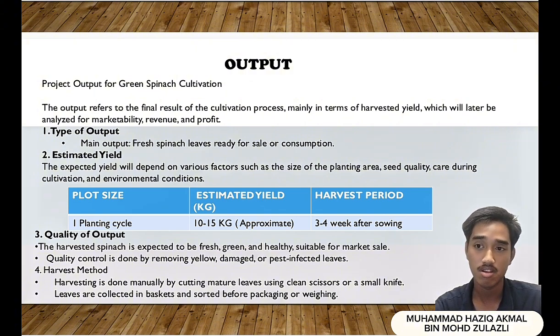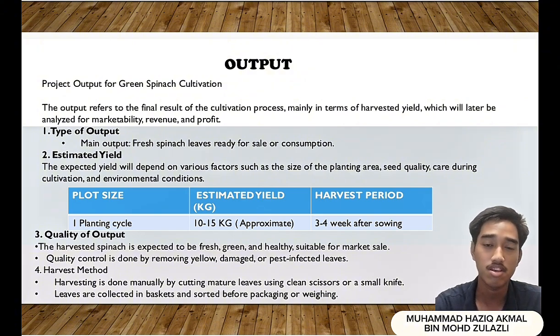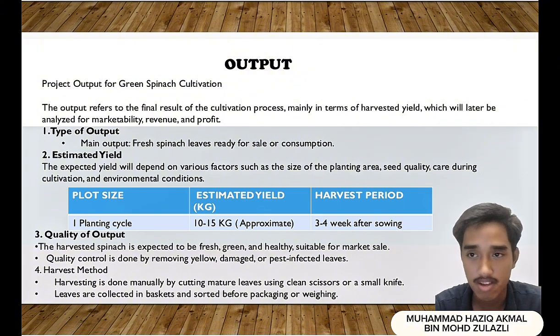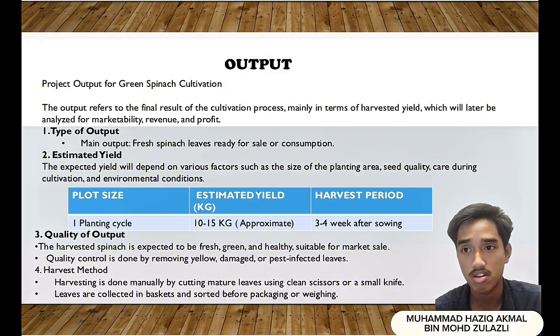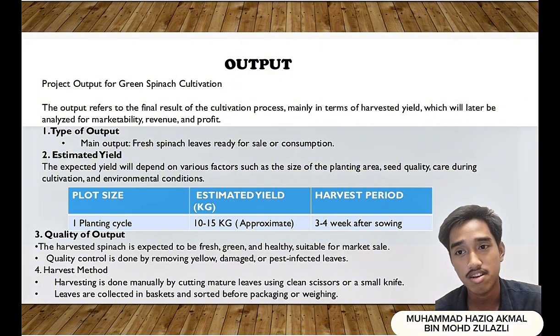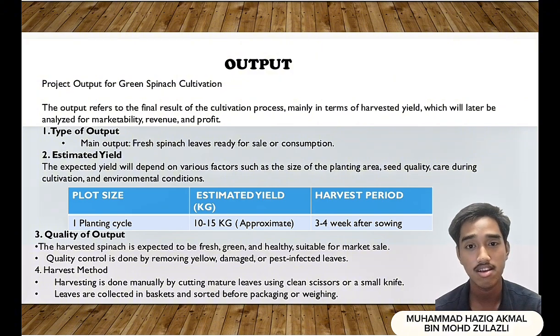Main output is fresh spinach leaf ready for sale or consumption. Second, estimated yield. The expected yield will depend on various factors such as the size of the planting area, seed quality, care during cultivation, and environmental conditions.